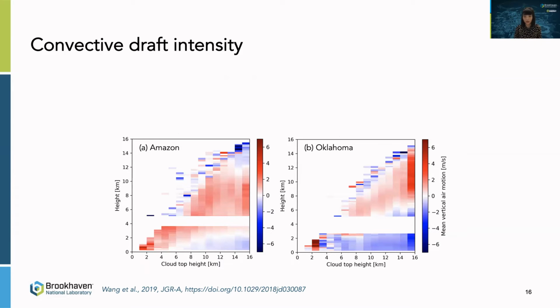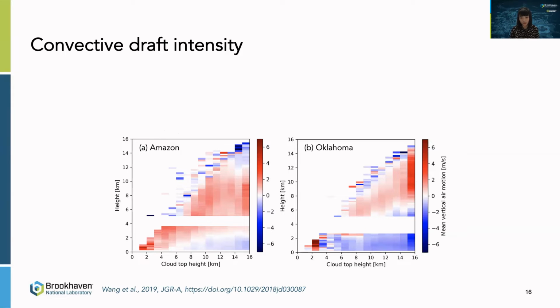So then let's look at some statistics of vertical velocity profiles. Here, what I'm showing is the mean vertical velocity plotted as a function of cloud top height and height in the y-axis. Amazon cases are on the left, Oklahoma cases on the right. This is a more instructive way of showing the vertical velocity structures of different parts of the storm.